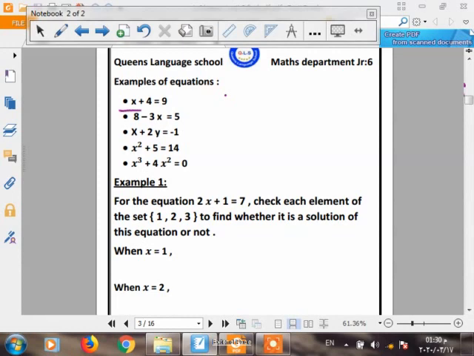On the left side, I have only one unknown, x. Next one, 8 minus 3x equals 5. It's a mathematical statement of two expressions with an equal sign between them. I have only one unknown on the left side, x.